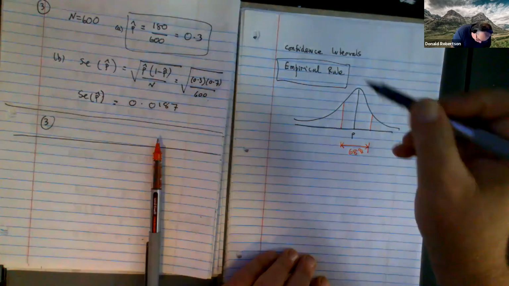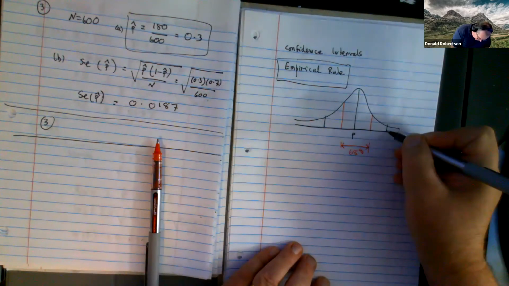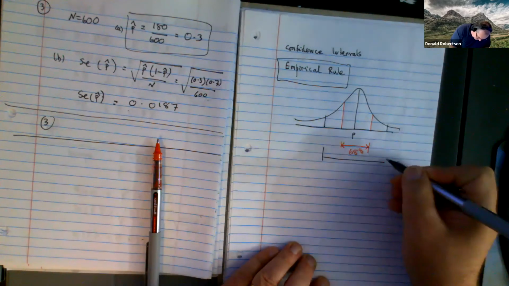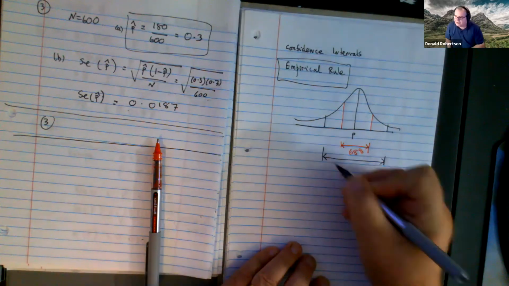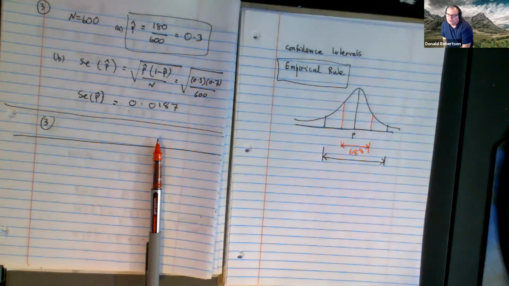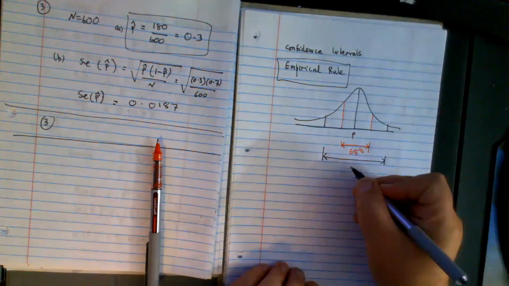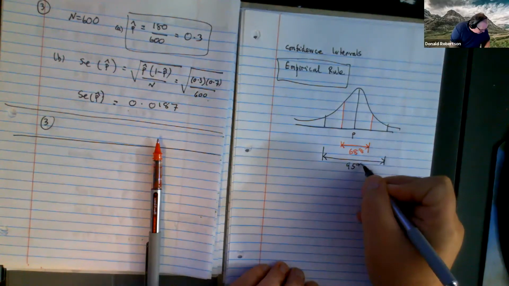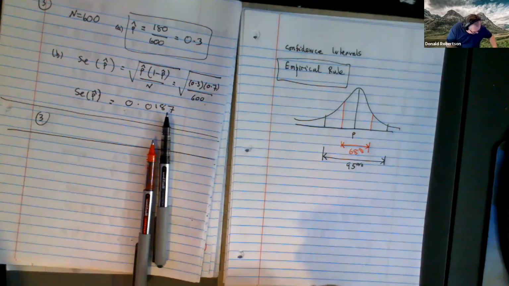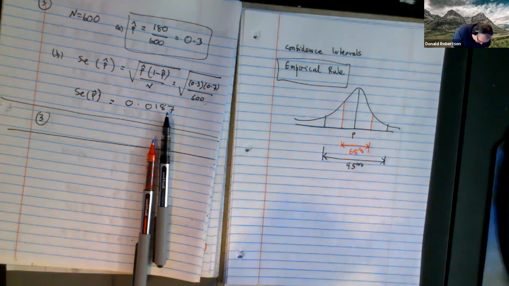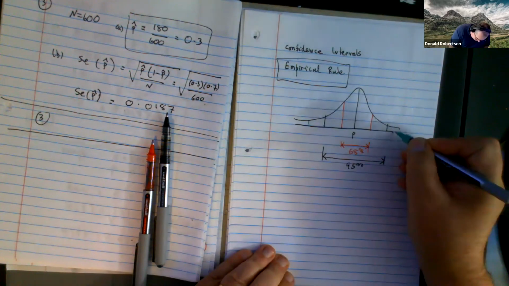If you up it to 2 standard deviations away from the mean, what percentage of your data is within 2 standard deviations of the mean? 95. Great. Okay, the ugliest one of the 3, because it's not a very pretty number. But if you go 3, 99.7.